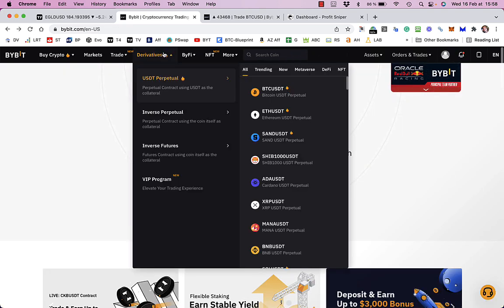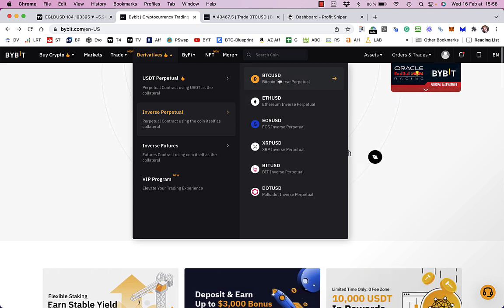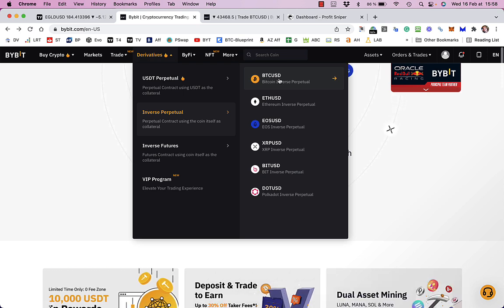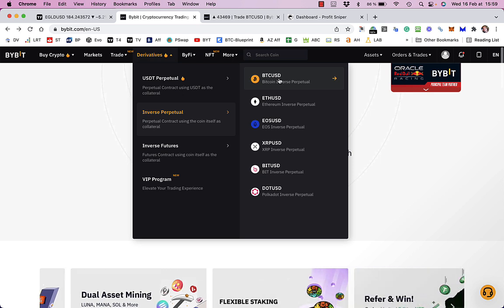The one I like to use for Bitcoin is the inverse perpetual BTC USD. You're basically trading derivatives of BTC against the US dollar, but the actual account is settled in BTC. So if you're doing a long, for example, and the price goes up, you end up with more BTC than you started with.